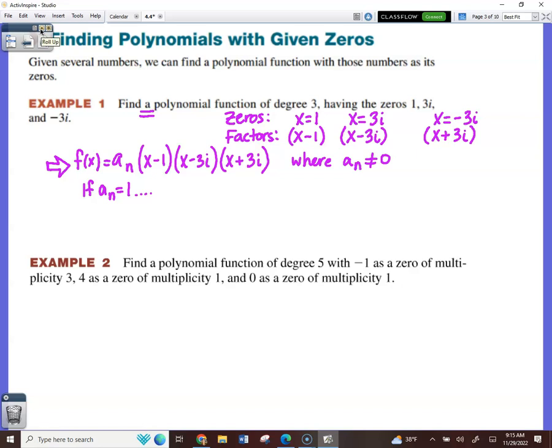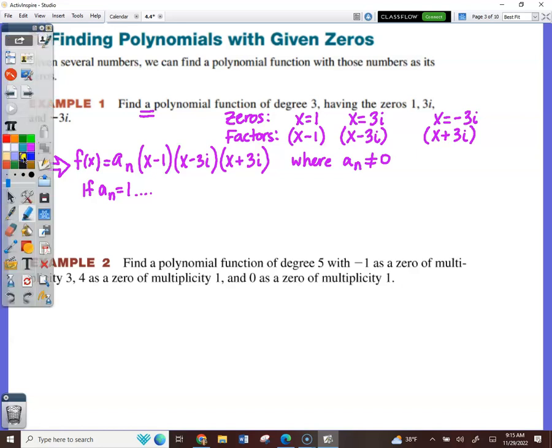Do you notice right here that that is a difference of squares? They are almost identical. They have a difference in the sign in the middle. We need to multiply that together because that's going to get rid of the i's.